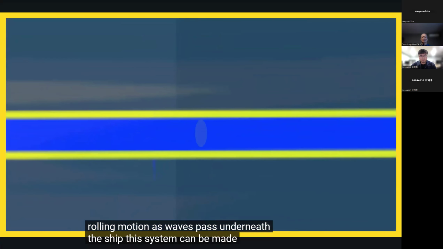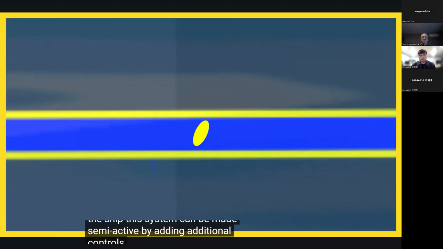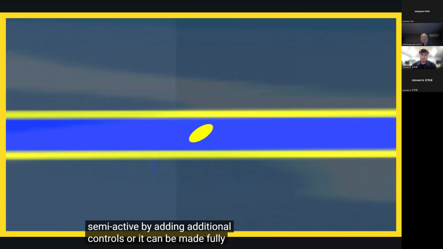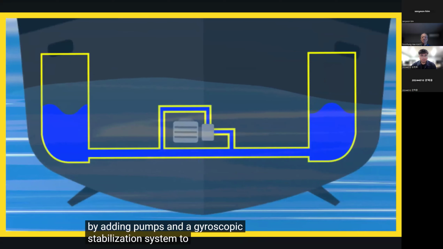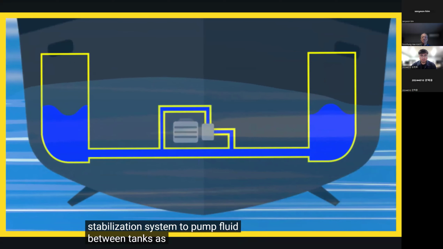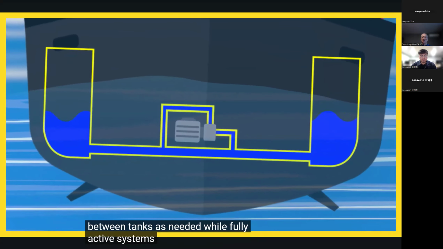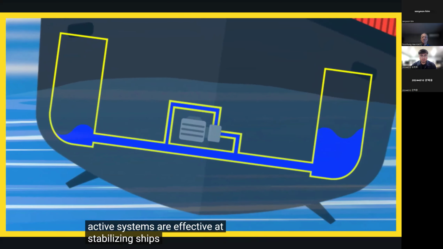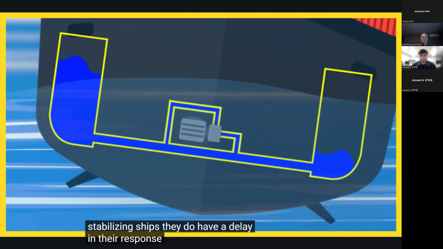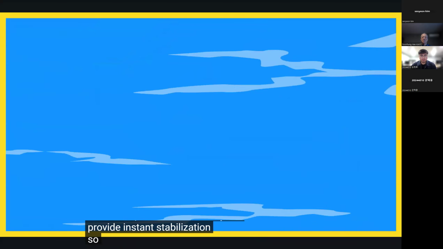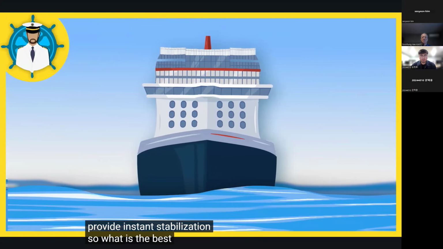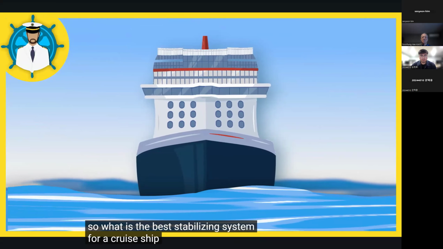This system can be made semi-active by adding additional controls, or it can be made fully active by adding pumps and a gyroscopic stabilization system to pump fluid between tanks as needed. While fully active systems are effective at stabilizing ships, they do have a delay in their response time and may not provide instant stabilization. So, what is the best stabilizing system for a cruise ship?